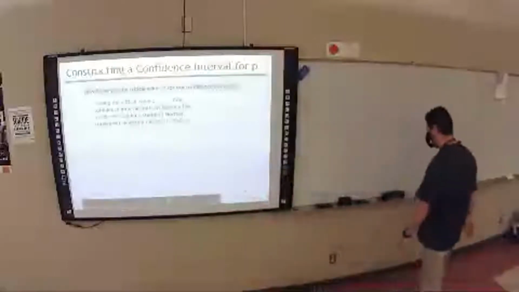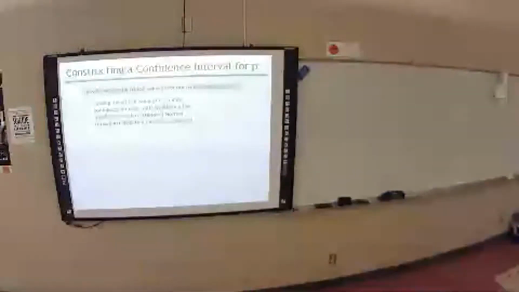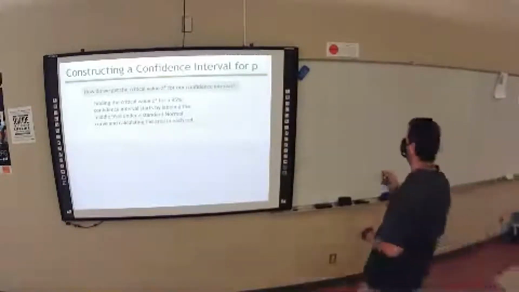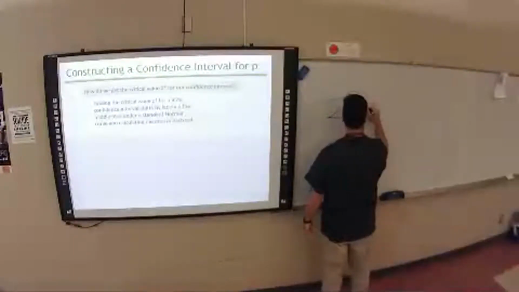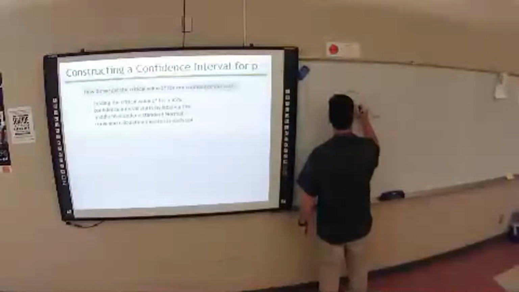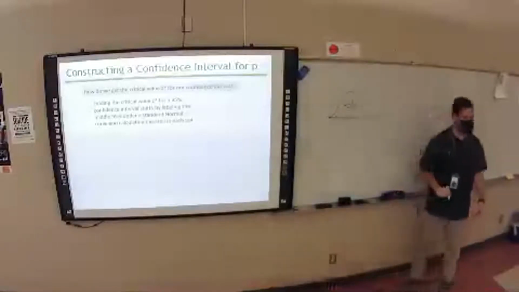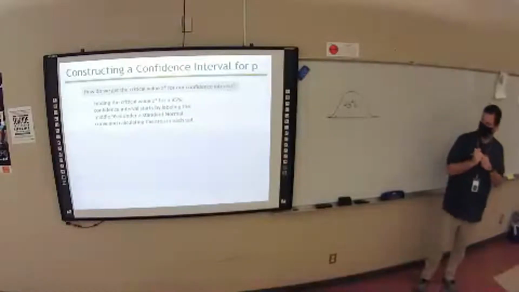To find the critical value for a 95% confidence interval, we need to understand that 95% is the middle 95%.